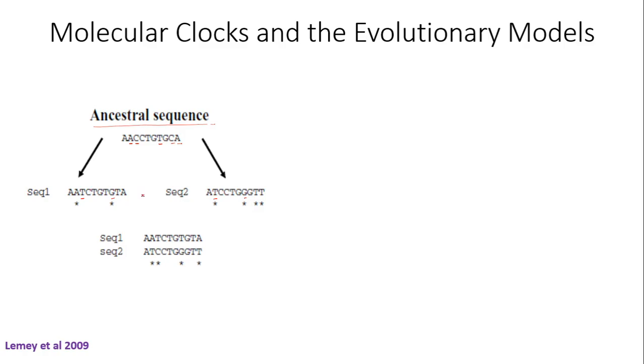So by accumulating such sequence mutations, we can now say that the sequences have diverged from a common ancestral sequence. Right? So this is what I want to say. This figure represents the phenomenon of divergence.